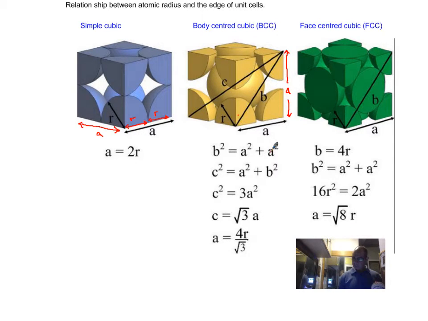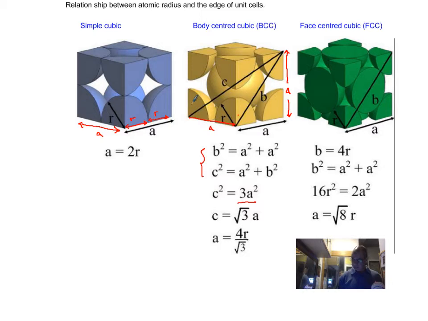Now this is another triangle within, and the picture doesn't give you the right angle to look at, but a squared plus b squared should equal c squared. Then what you can do is plug them in and say, if b squared was a squared plus a squared, then b squared plus a squared should equal 3a squared.